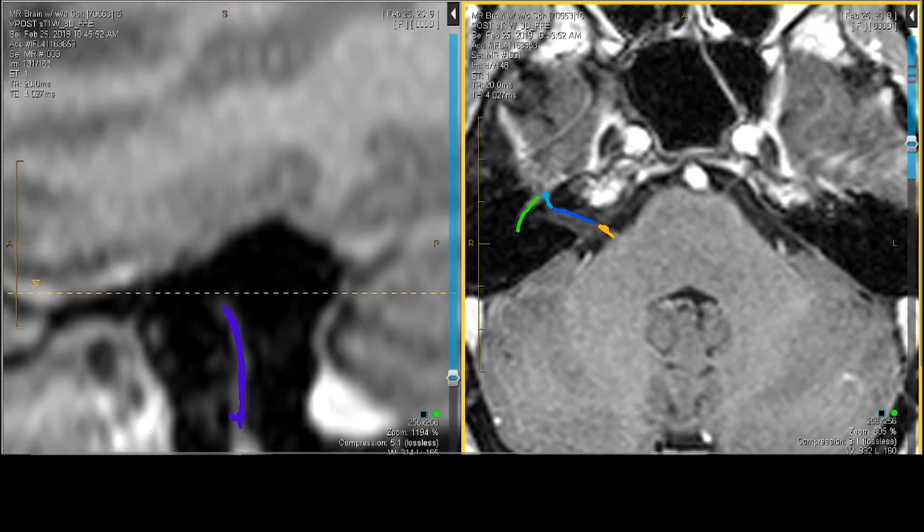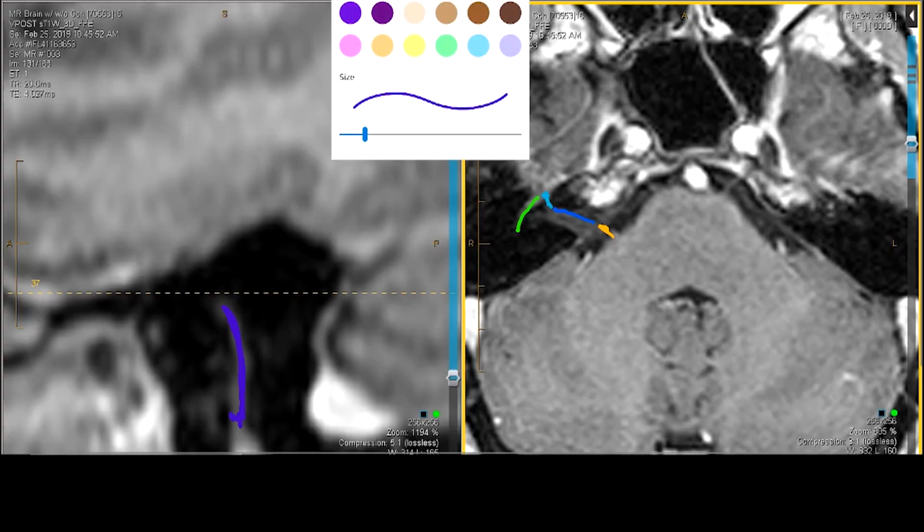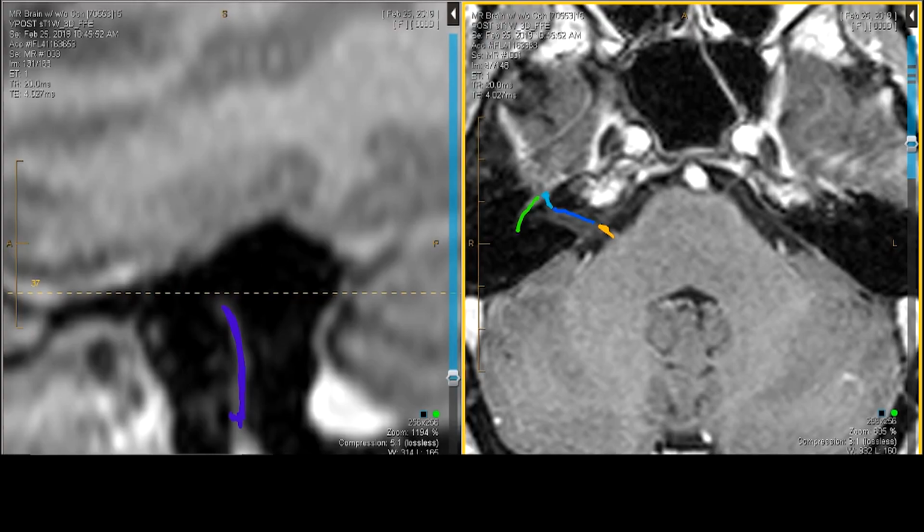And then finally, the extratemporal segment, which kind of goes off the screen right here. And we got to pick another color. Let's go with pink, one of my favorites. Goes from the stylomastoid foramen to the parotid branches. So that would be here and then going off the screen. So we have 1, 2, 3, 4, 5, and 6 segments of the facial nerve.